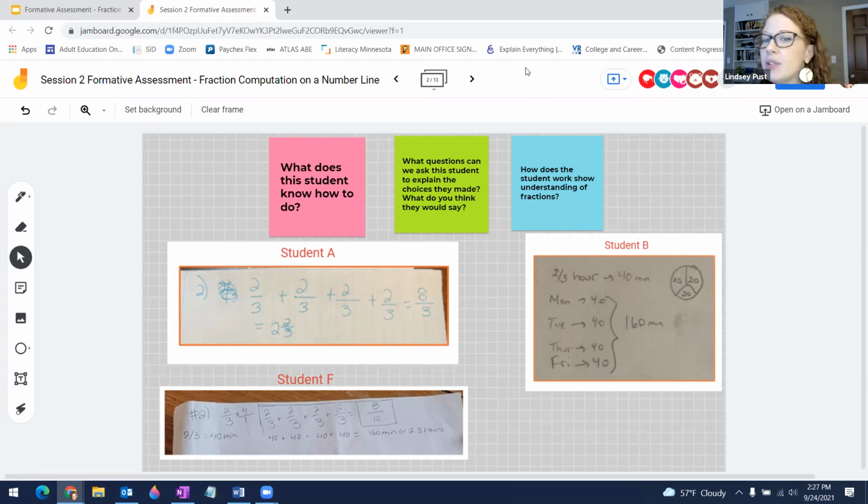And how does the student work show understanding of fractions? So we're going to give you another couple minutes to pick one question you want to answer, or all 3, and write some thoughts either in the chat or on the Jamboard. And then I'm going to ask for some people to unmute and share what you're thinking about one of these questions as we're looking at this student work.